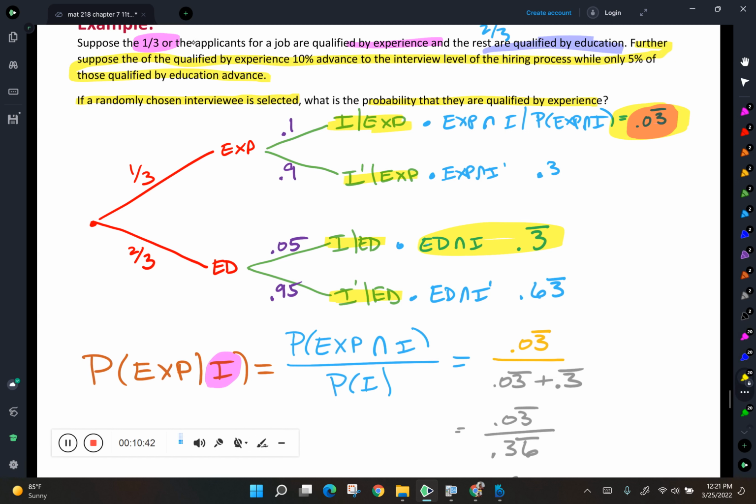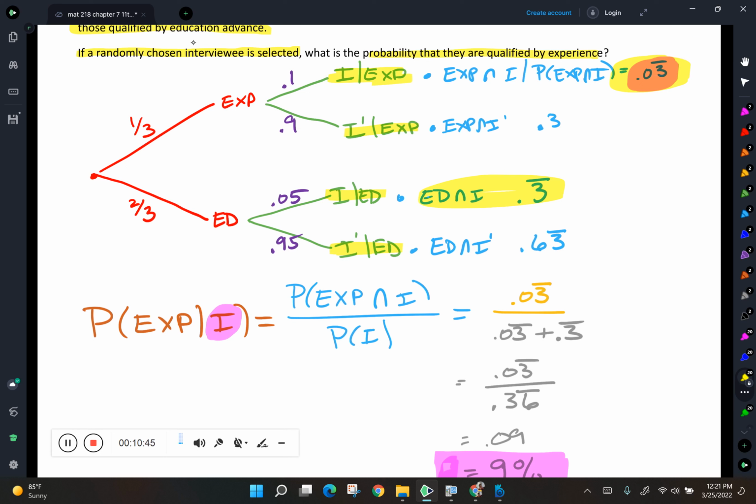The question that they want to know the answer to is the flip of that. The probability that if you got an interview, that you got there by experience. And so what Bayes' theorem does is Bayes' theorem takes conditional probability and allows you to change the direction of the conditional probability, change which event happens first and then which event happens second.